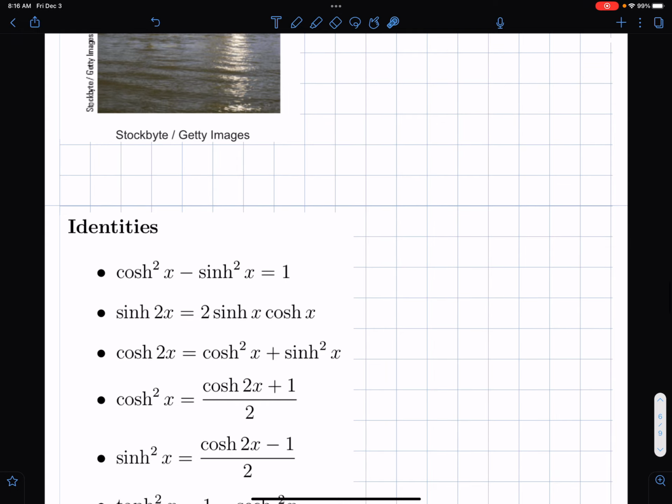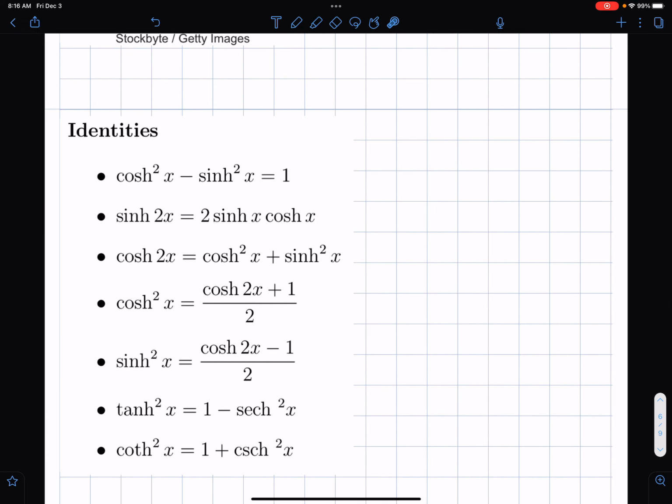Okay. Here we have identities, just the one we have here: hyperbolic cosine squared x minus hyperbolic sine squared x equals 1. And then we have these other identities that look sort of like the trig identities. Definitely sinh 2x equals 2 sinh x cosh x. That would be the same for trig if we just got rid of the h.